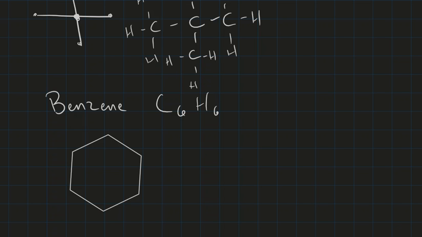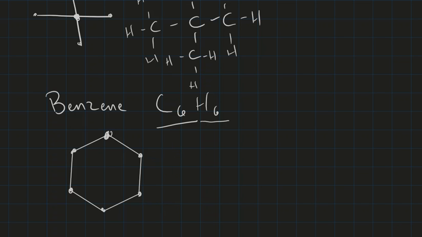Benzene has 6 carbons, and so when we see 6 carbons, we're going to think this ring because we have 1, 2, 3, 4, 5, 6. Now, if you notice, we only have 6 hydrogens, and each of these carbons only has 2 bonds. So if we were to fill this out and put a hydrogen on each of these carbons, we're going to have a lot of carbons with not enough bonds, with unfulfilled octets, because they're only going to have 3 bonds each.